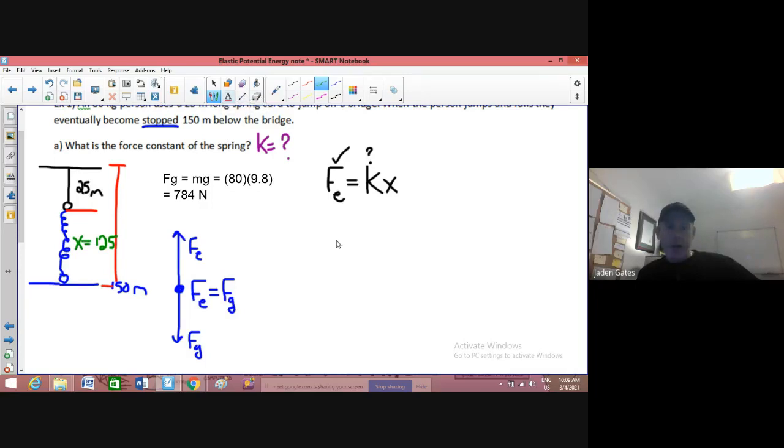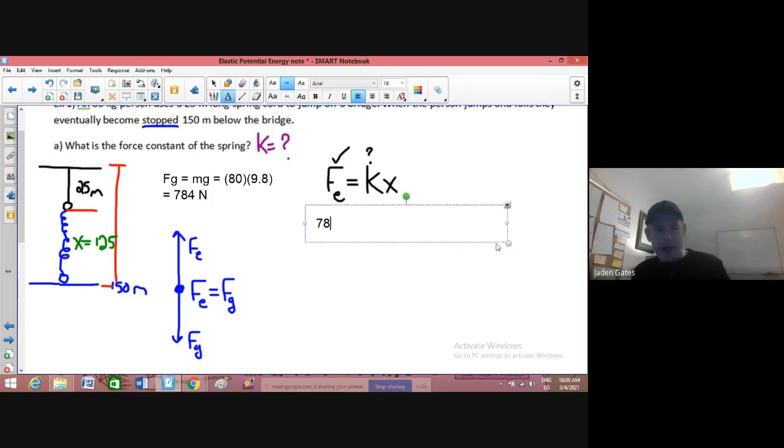All right, so now I can substitute that in. Again, because gravity and the elastic force of my bungee cord are balanced out, it's 784. The k value I'm trying to find, the extension, is 125 meters, again, needs to be in our standard units.